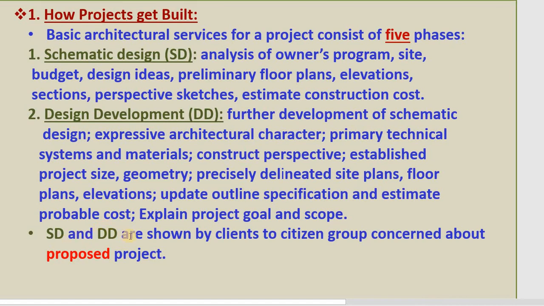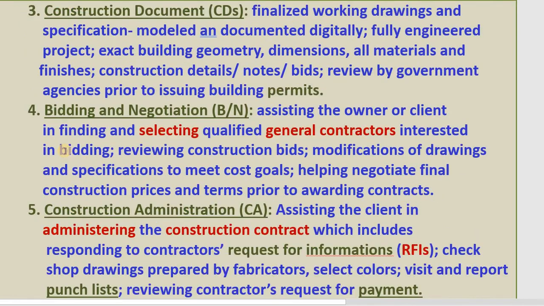Both SD and DD are shown by the client to the citizen group concerned about the proposed project. So for both of these phases, you need to show the client before you go ahead with the proposed project. Phase 3 is construction documents, CD. That's where you transfer everything from manual drafting to AutoCAD.